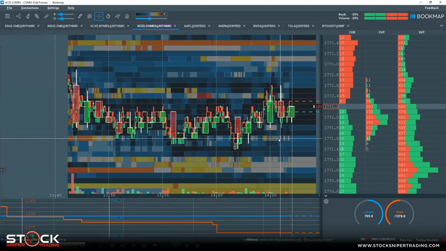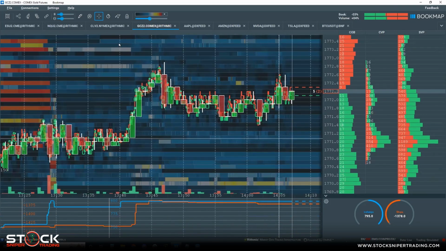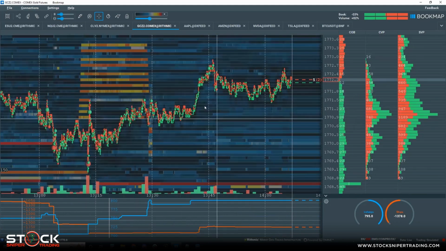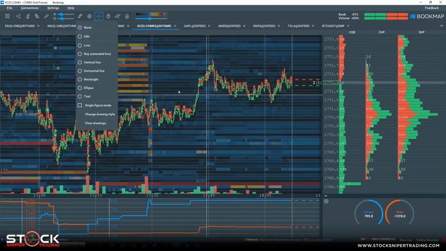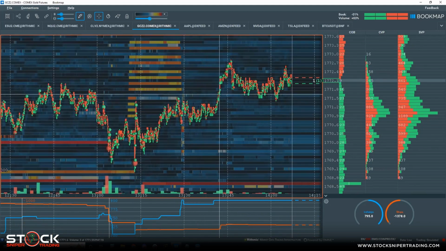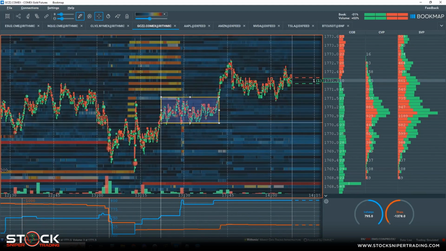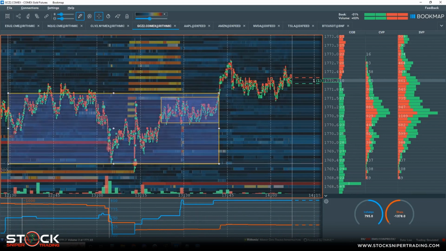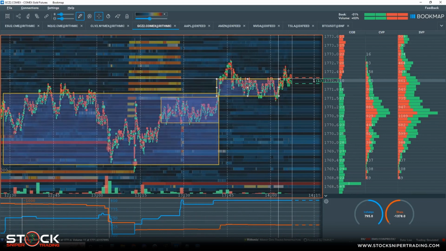Okay, and anyway, where I was going with this, take the candles off for a moment, is the structure here on our higher time frame, and we can look at it here. So we've got this structure, or even this structure here, and then we have this one here.